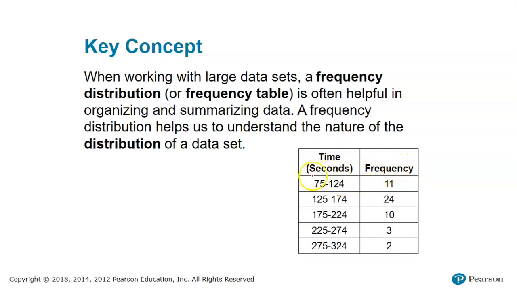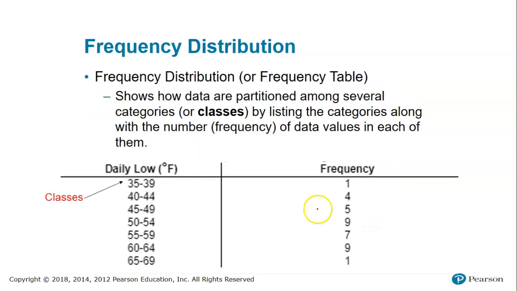So basically, it's taking all of the data and breaking it into classes and telling how many data values are in a particular class. This can be very helpful when we look at the distribution of the frequencies, and we'll talk more about that as we go on.